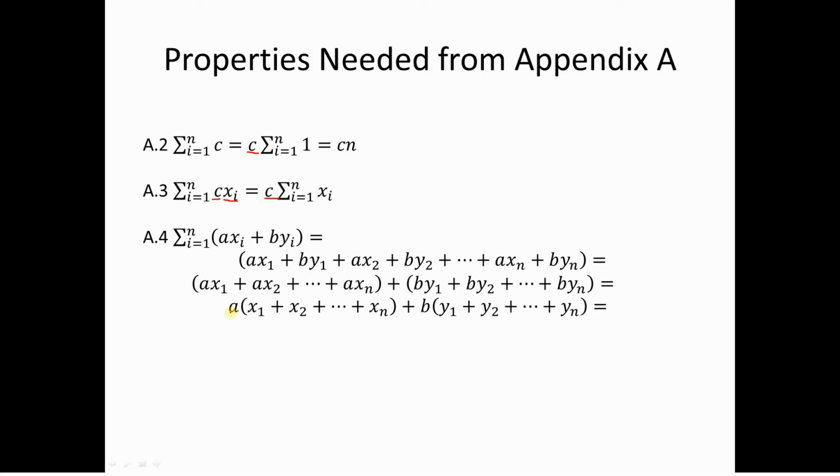Furthermore, we can factor out the common terms a and b, and recast this as a times the summation of all the x's plus b times the summation of all the y's. You can think of it almost like distributing the summation operator if it's multiplied by a series of terms that are added inside parentheses.